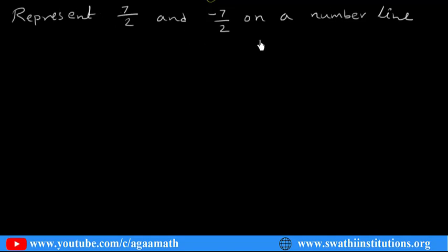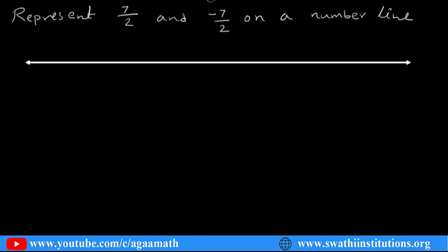In the first case we have only one rational number with a negative sign, but here you have two rational numbers with the positive and negative signs on the same number line. You have to use only one number line to represent two rational numbers, not different lines. On the same number line we have to represent this, right?